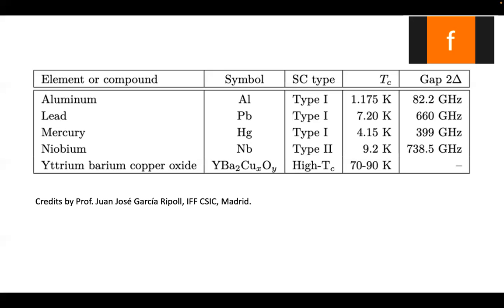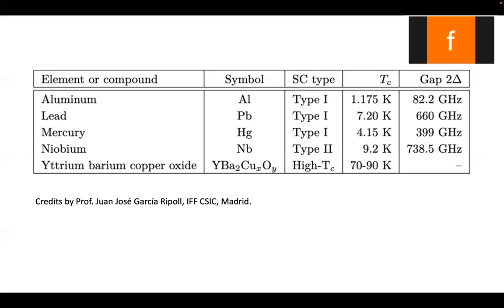In the development of superconductivity, there also appeared those famous cuprates, sometimes called high temperature superconductors. One example is yttrium barium copper oxide, where you see that the critical temperature is much higher than normal superconductors.